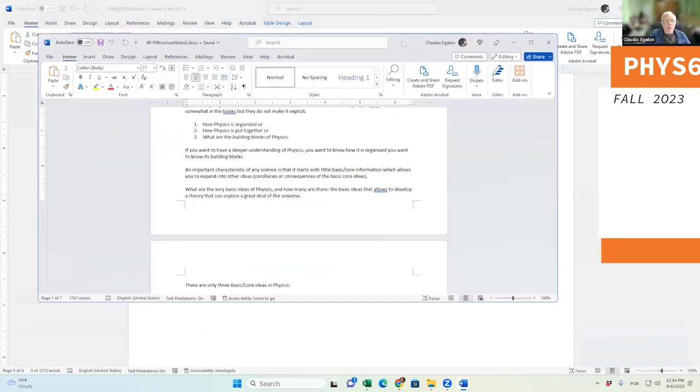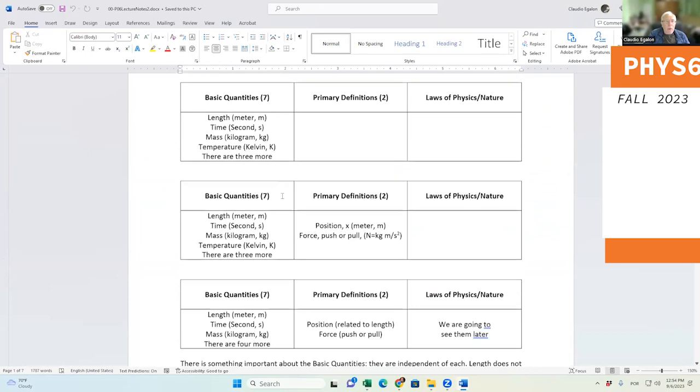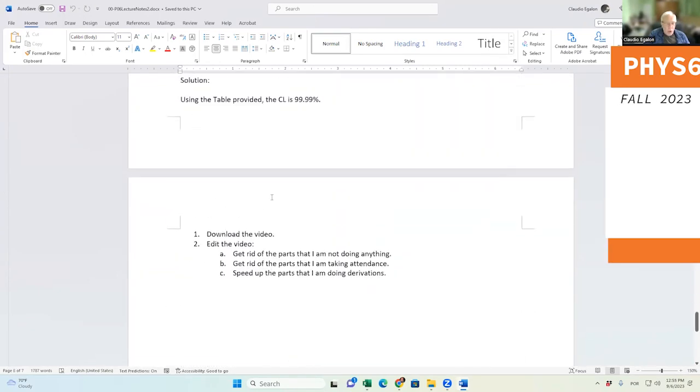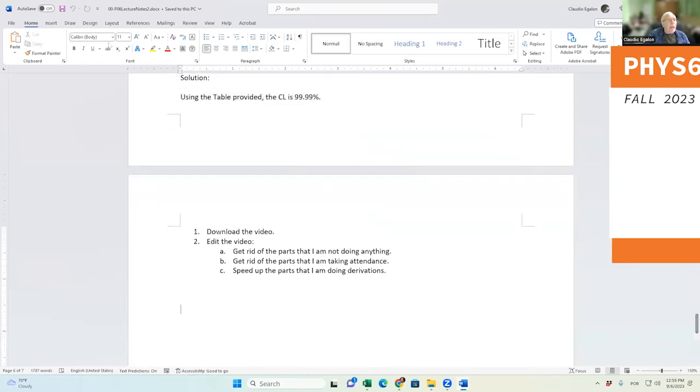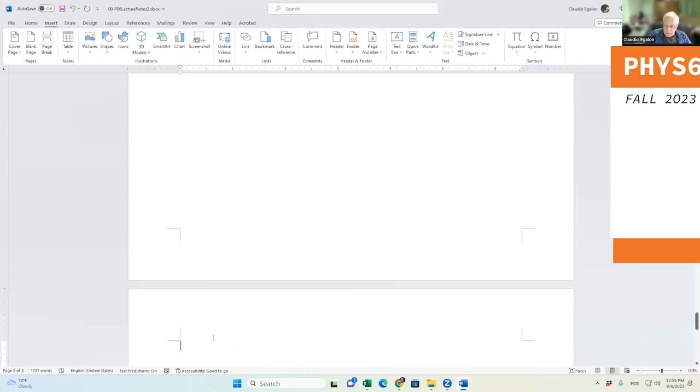Here's my notes. Where did we stop? Using the table provided. Okay, so we start doing the CL, and we didn't finish doing the CL. There's one more thing here. Today is 9/6/23.